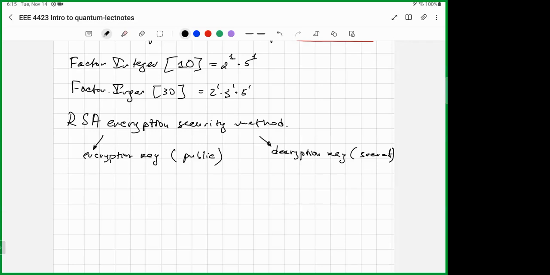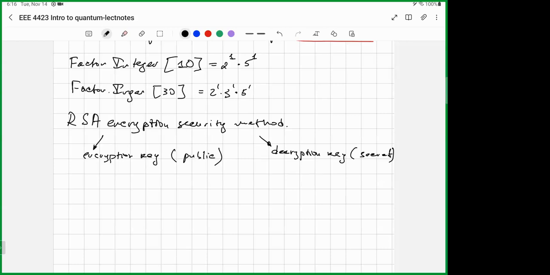This encryption key can be shared publicly, transmitted through an open information channel, because it is a very long number that is extremely difficult to factor. Okay, so you cannot factor this very long number.